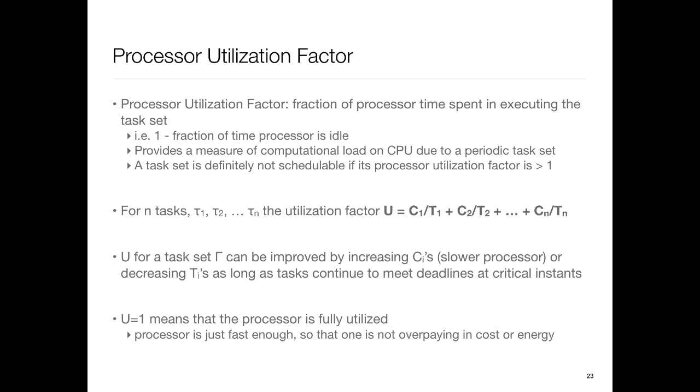I add them up, I get the total utilization of the processor. And of course, if that is more than 1, then I cannot do anything. But as we also saw, even if it is less than 1, in general I cannot be sure it is schedulable, because there may be some combination of deadlines where it will fail.